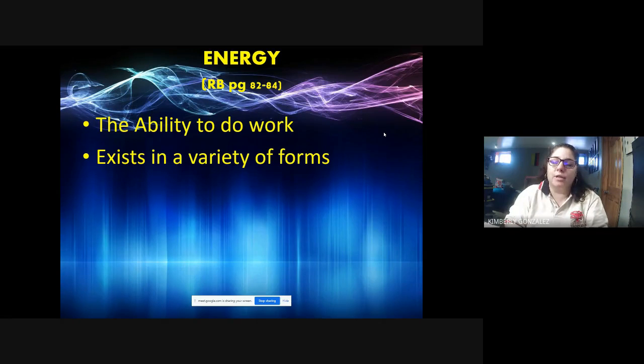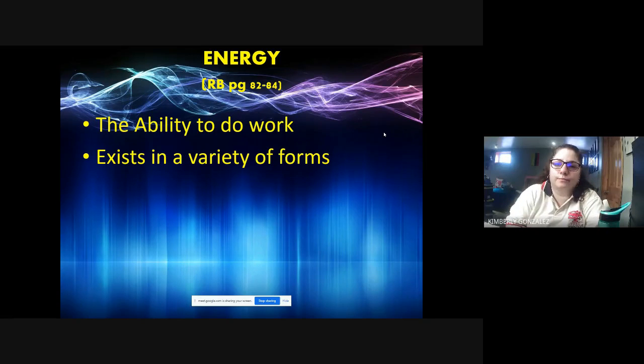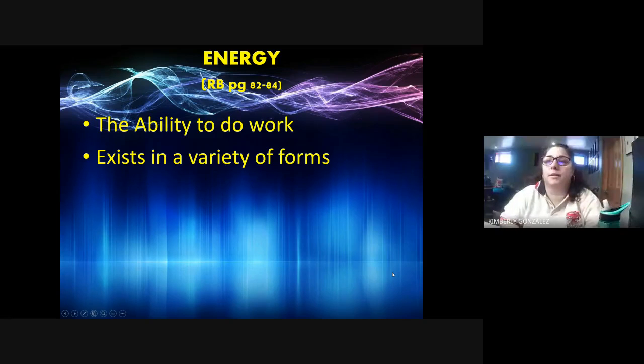Energy can exist in a variety of different forms. What kind of forms are there, or what did you learn are types of energy? Electromagnetic energy. What else? Heat energy. What else? Kinetic. What else?